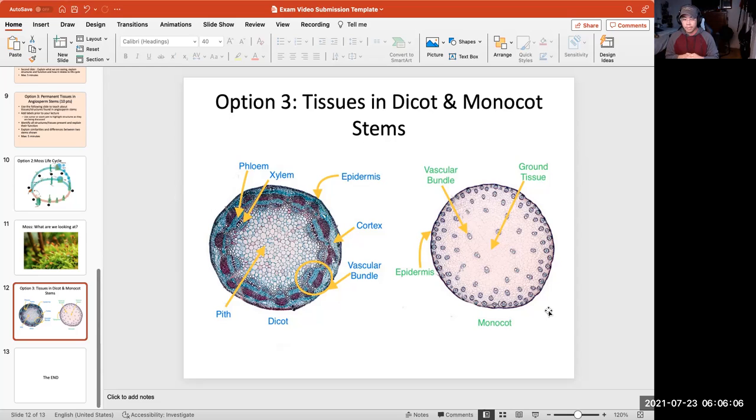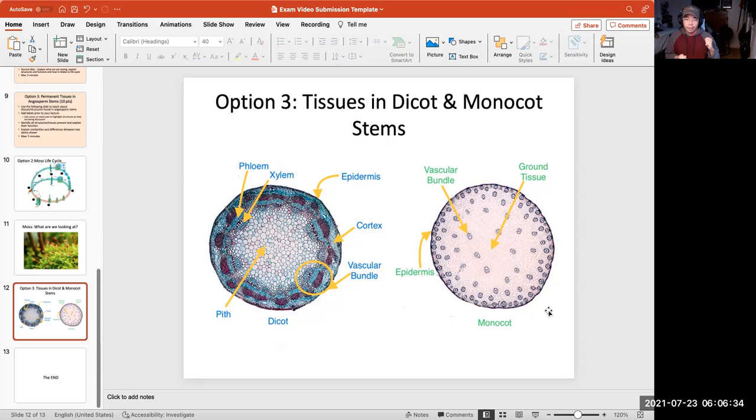And yeah, so we can see that its structure is very different in its complexity. The arrangement of the vascular bundles is very different, where we can see dicot is much more organized and arranged in a ring, whereas in the monocot, they're less organized, definitely towards the outer edges of the stem itself, but scattered throughout the ground tissue as well.